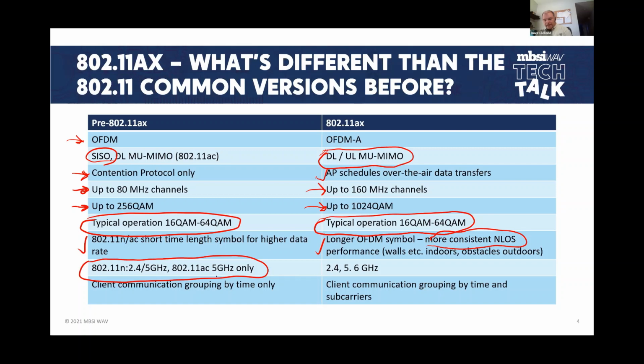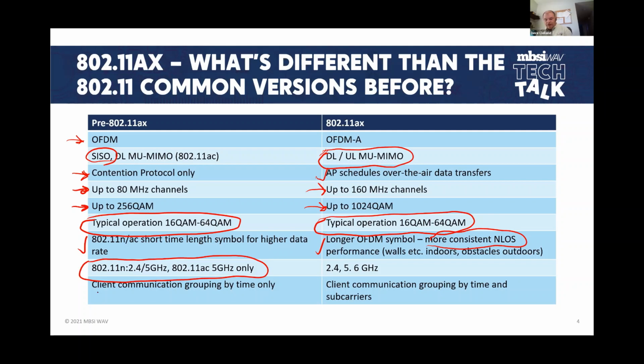So here I'm mixing: if I have a 2.4 client, I'm mixing 802.11n and 802.11ac in the 5 gigahertz only. And so the protocol was complicated depending on who was the target of your communications.